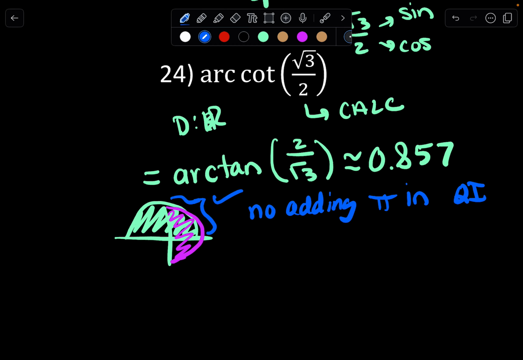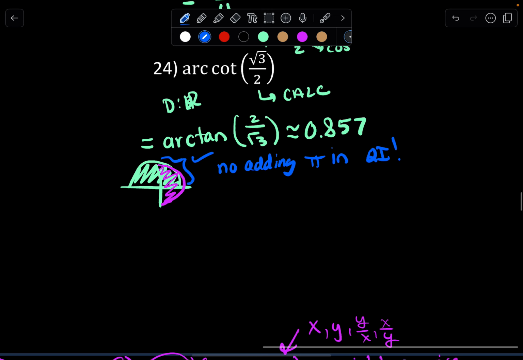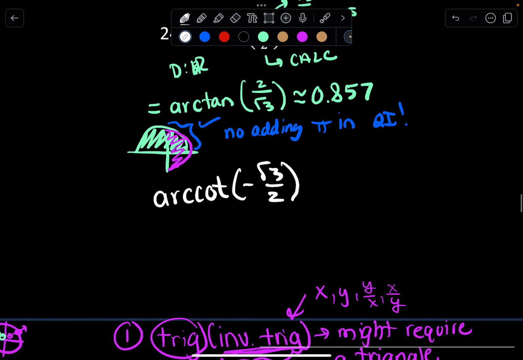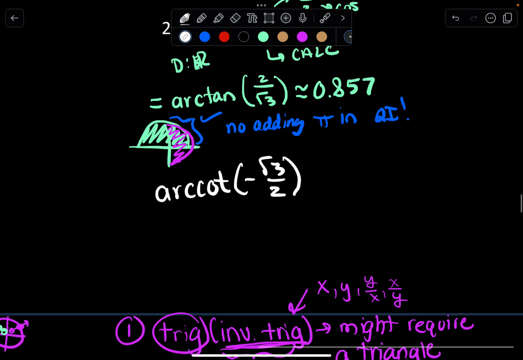Okay. But now let's try this one. Let's try arc cotangent of -√3/2. And let's see what happens. So again, this is not on the unit circle. So we are going to have to use the calculator. There's no cotangent key. So we have to flip to arctangent.